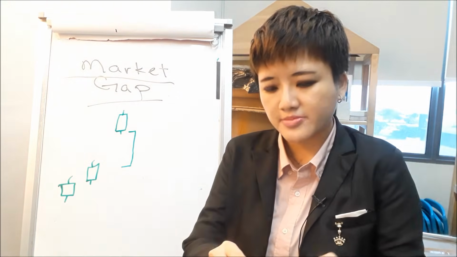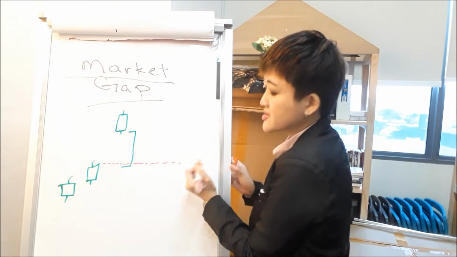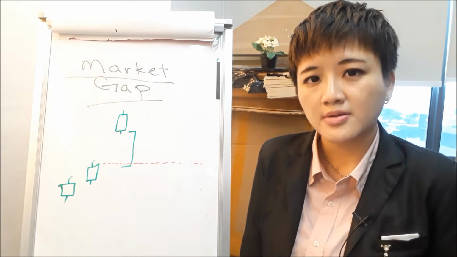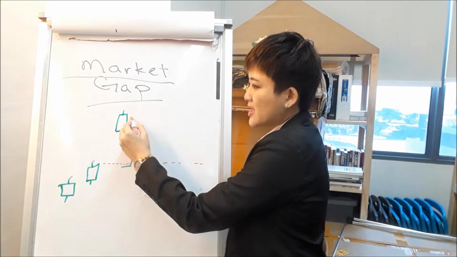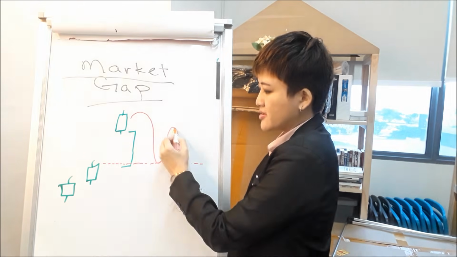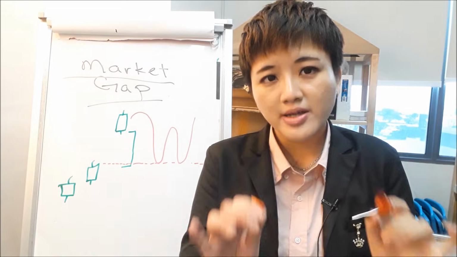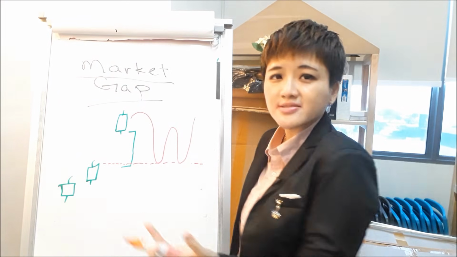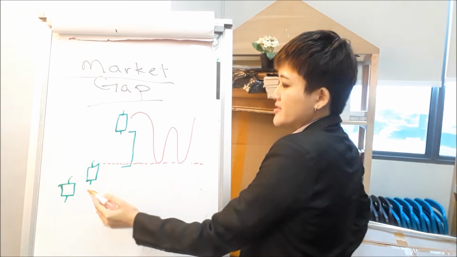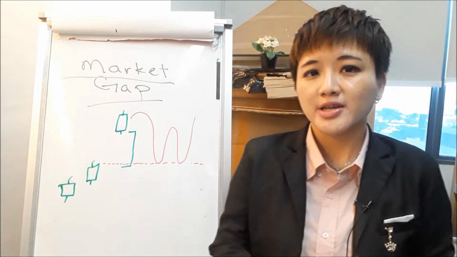Very oftentimes you realize that the bottom of the gap is going to serve as a support level. So you see that price might come down and then bounce off from here. It's not as strong as compared to the obvious support resistance like the horizontal SNR and also trend lines, but you still need to take note of it.